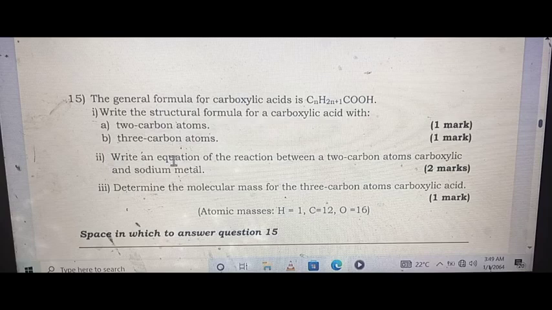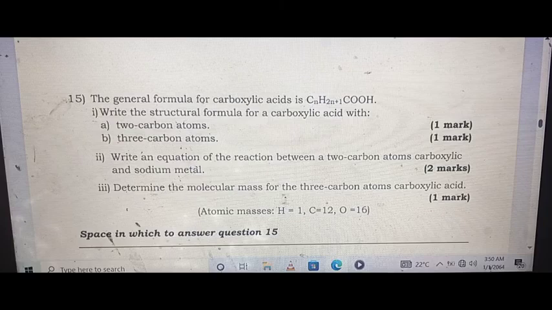2. Write an equation of reaction between 2 carbon atom carboxylic acid and sodium. The correct answer is CH3COOH reacts with sodium to form CH3COONa and hydrogen. 3.